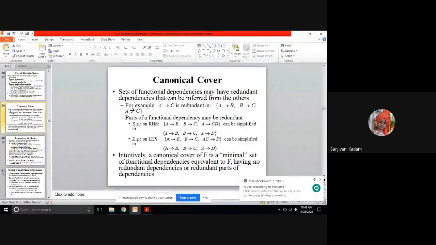Okay, let us move to the canonical cover. So F closure is also going to add the logically implied dependencies.